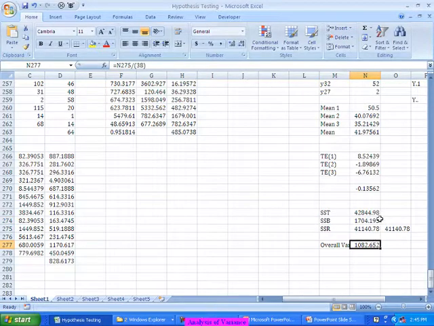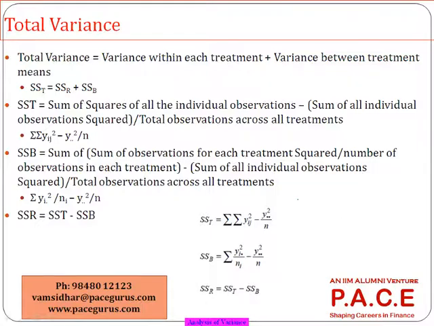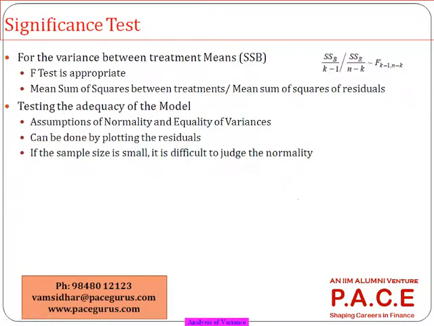So the overall variance is going to be this particular number, and we also found the total sum of squares. Each one of these things we were able to compute.